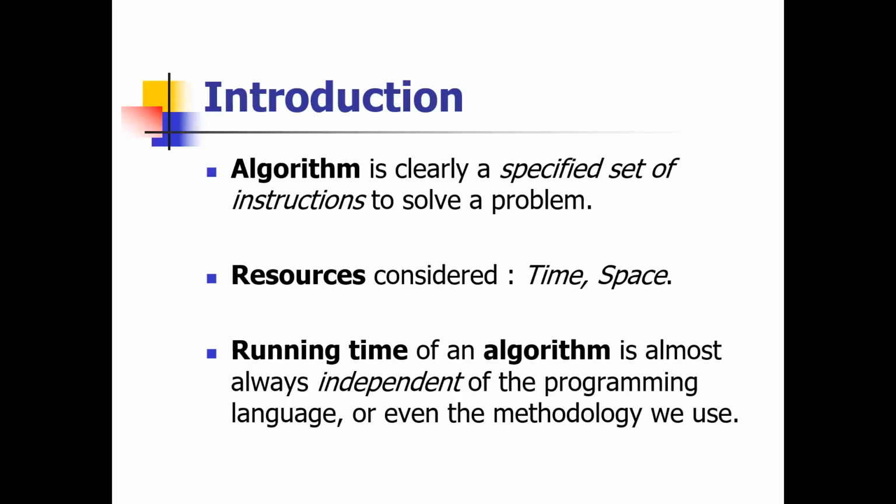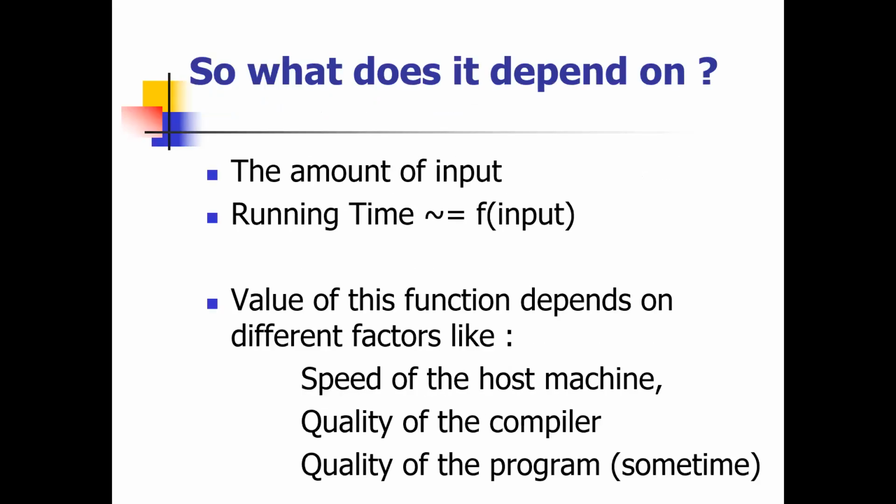Okay, different kinds of data structures, an array as opposed to a tree or what have you. So what does it depend on? It depends on the amount of input. The running time is approximately equal to the size of the input. It's a function of the input, right? That's where we get the function f of n. So n is the size of the input, the number of values in the input, okay?